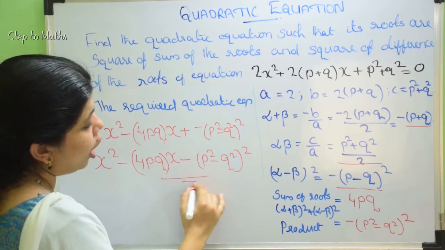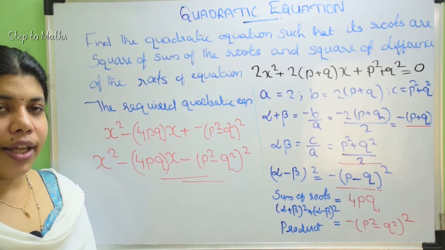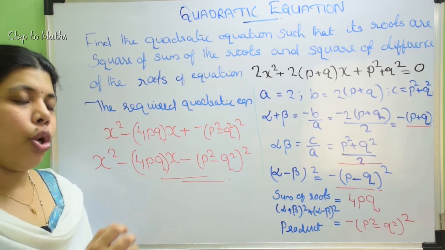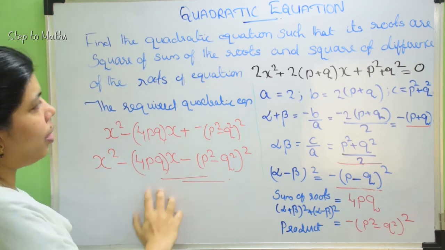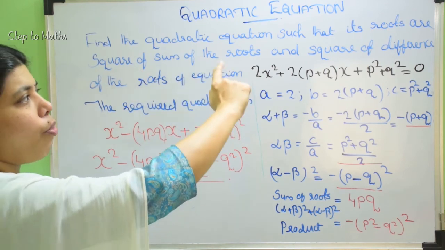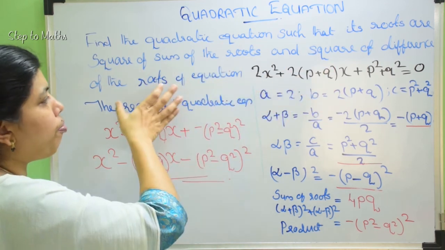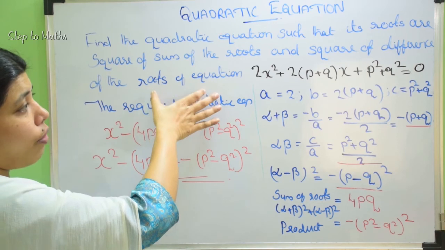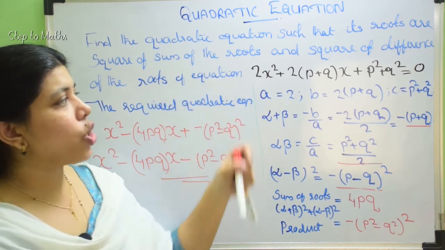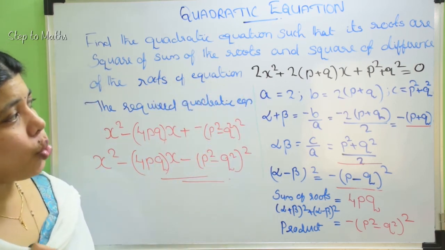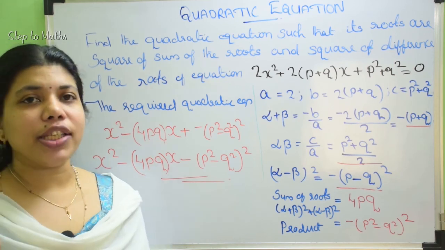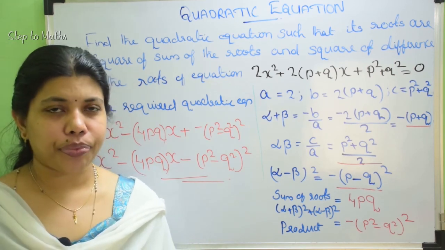This is the required quadratic equation whose roots are the square of the sum of roots and the square of the difference of roots of the equation 2x square plus 2p plus qx plus p square plus q square is equal to 0.